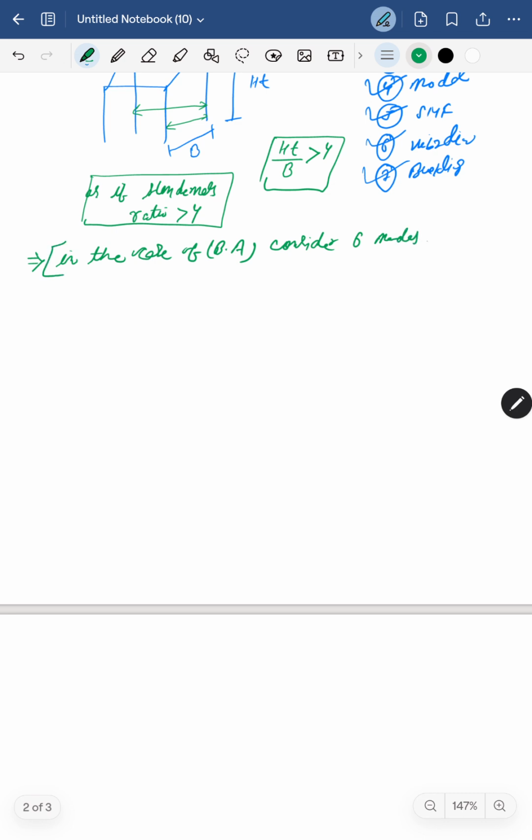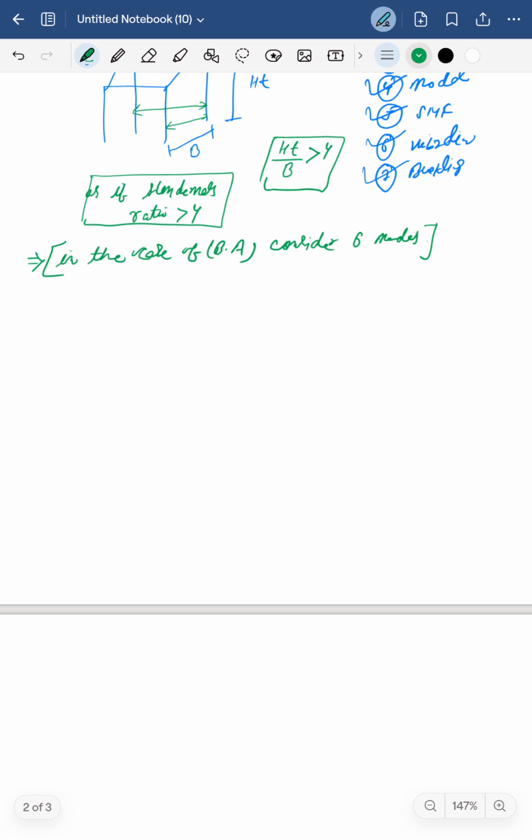Clear? You have to remember this. So we already know in which conditions we have to apply the buckling analysis. Suppose the ratio of the height of the structure to the least lateral dimension is greater than 4, then you have to perform the buckling analysis in that structure.